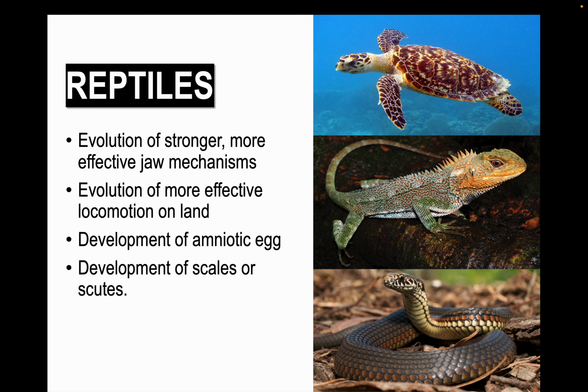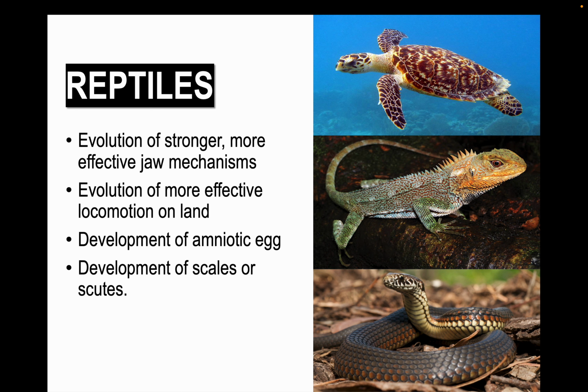So we have Reptilia as another major class of vertebrates. Reptiles have evolved stronger and more effective jaw mechanisms, allowing them to adapt to predator lifestyles.